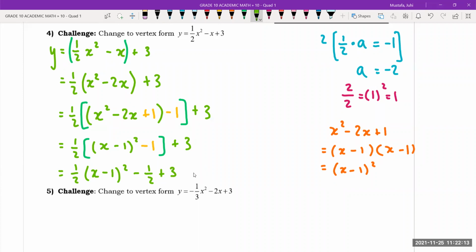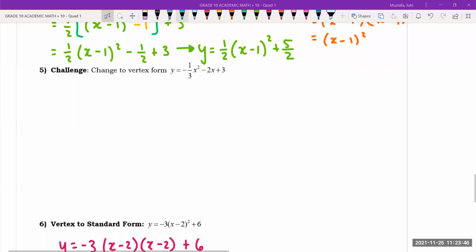So for my final answer, y is equal to a half bracket x minus 1 squared minus 5/2. What did I write? Yep, it should be positive 5/2.